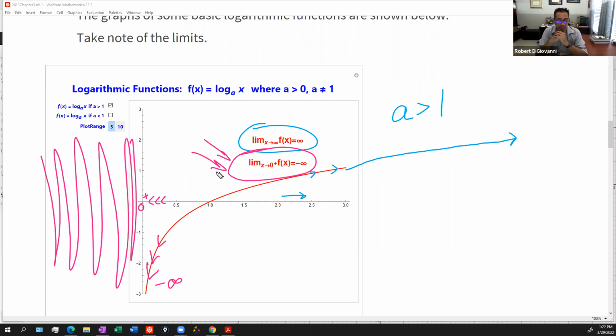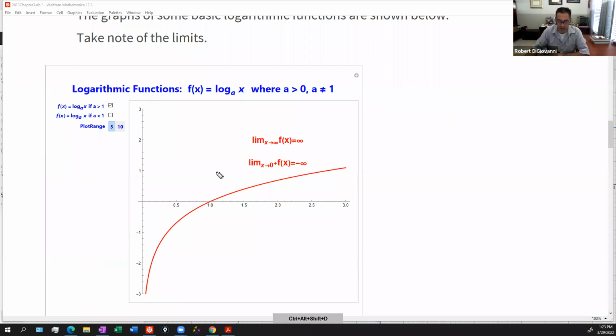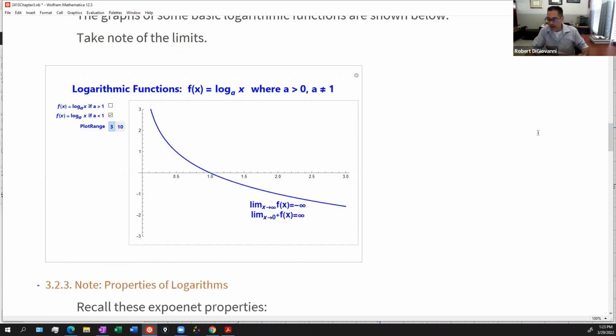Okay. Now, what happens if I change that a and I make that a fraction, like half or 0.2 or something like that? Let's see what that looks like. There. That's the graph that we get if the a is between 0 and 1.